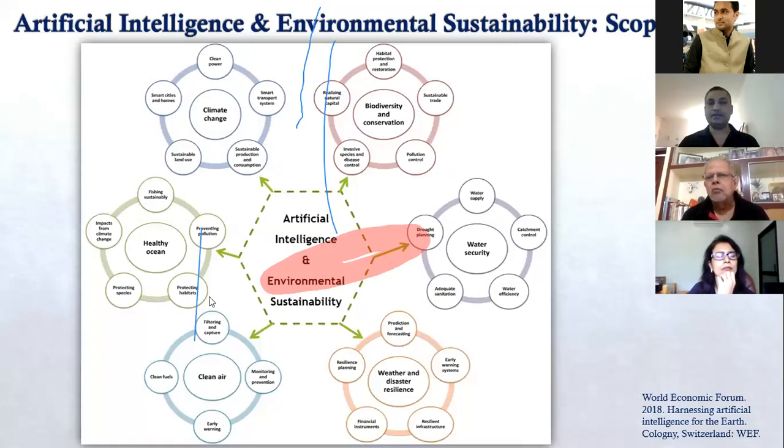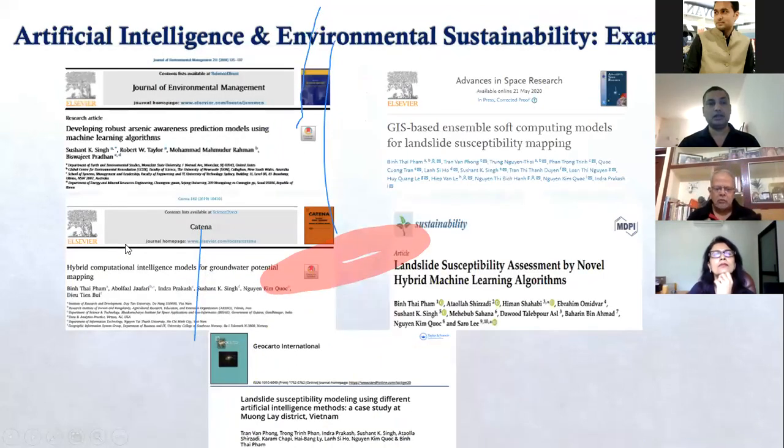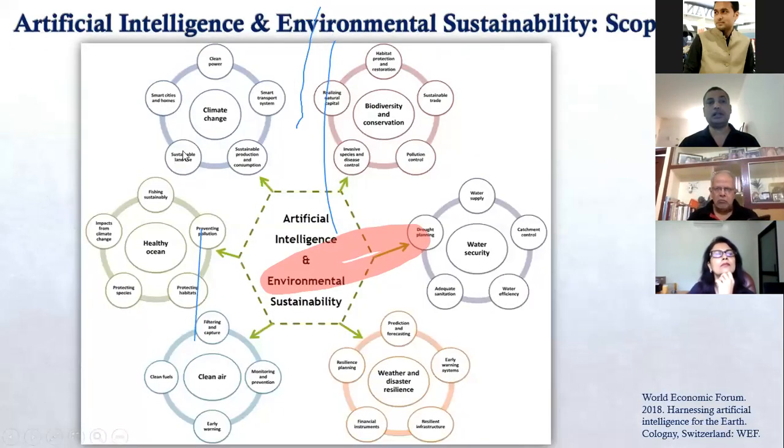They identified 6 major areas: biodiversity and conservation, water security, weather and disaster resilience, clean air, ocean health, and climate change. And as you can see, there are sub areas. You don't have to stick with the areas. You can have your own topic within the bigger category.